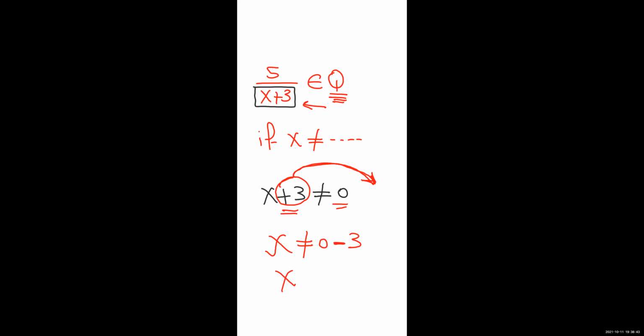So now x not equal negative 3 because 0 minus 3 equals negative 3. So here I have to write in this question negative 3. And actually, this is logical, guys. The denominator now is x plus 3. So if x equals negative 3, then negative 3 plus 3 means that the denominator becomes 0. And this will never happen, right?